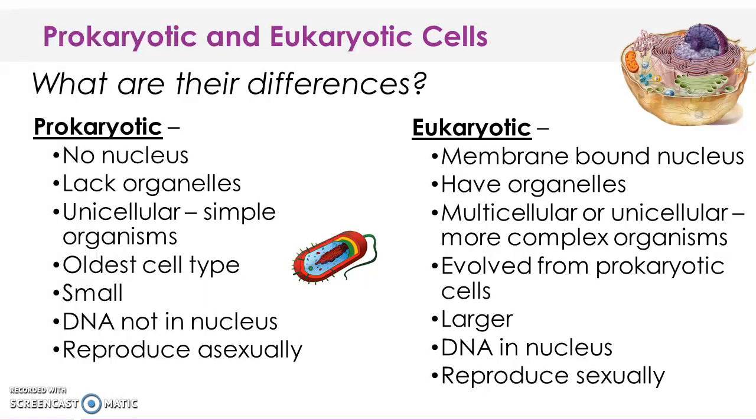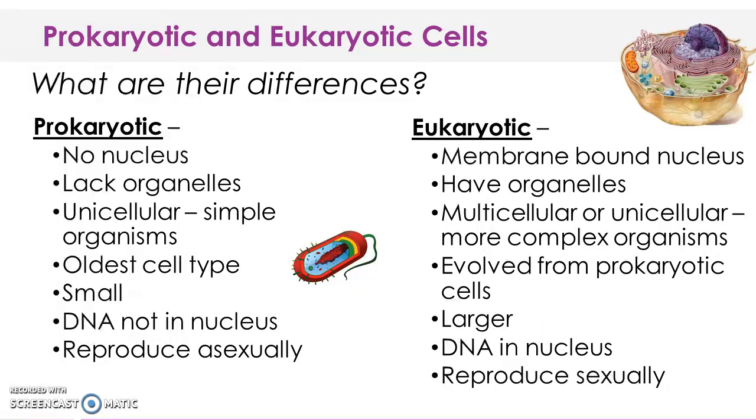Uni means one, so we're talking about those single-celled organisms. Eukaryotic cells can exist in unicellular organisms, but also exist in multicellular organisms or more complex organisms. The prokaryotic cell came before the nucleus, so it is the oldest cell type, while the eukaryotic cell does contain a nucleus, which leads scientists to believe that it evolved from prokaryotic cells.